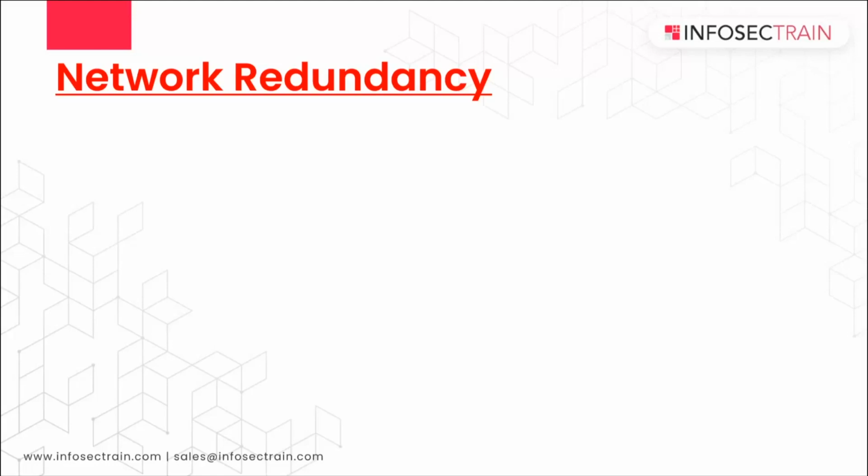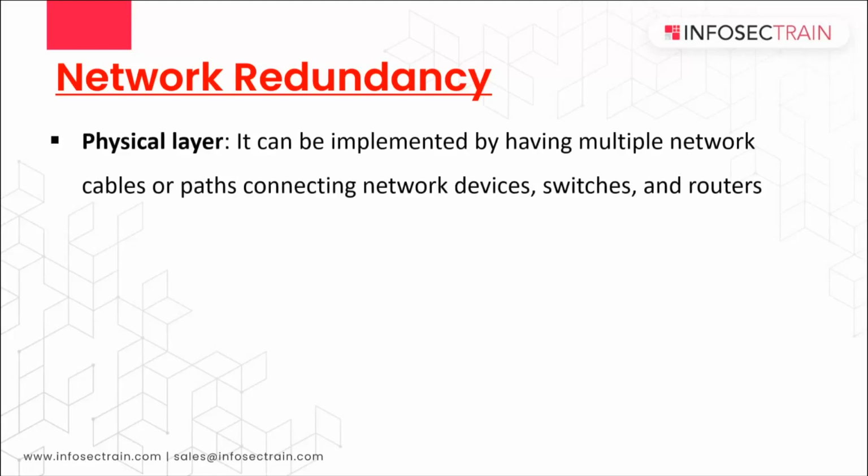Network redundancy can be implemented at various levels, including the physical layer, network layer and application layer. In the physical layer, network redundancy can be implemented by having multiple network cables or paths connecting network devices, such as switches and routers.